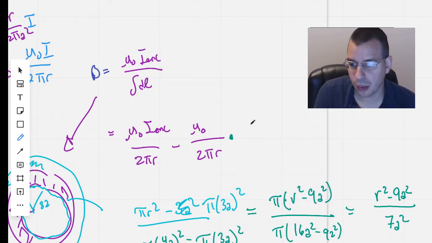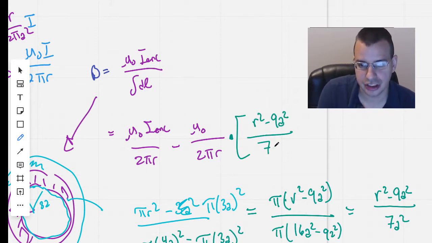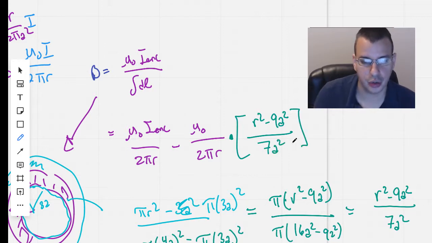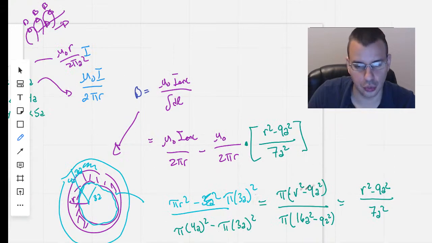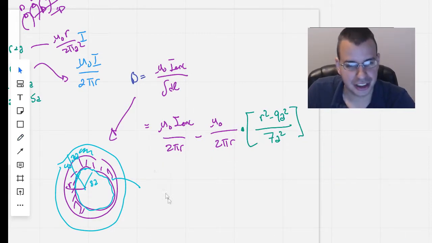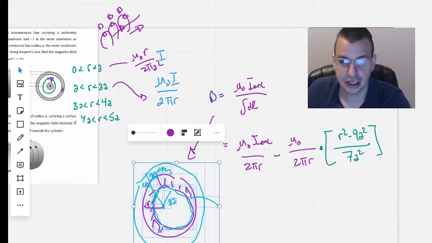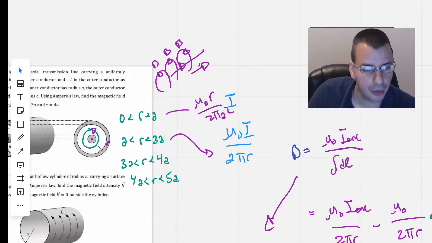I know it looks really confusing at this point, but you got to think we're kind of in a confusing spot because we're totally enclosing the center interior line, but we're only partially through the secondary cylindrical shell.